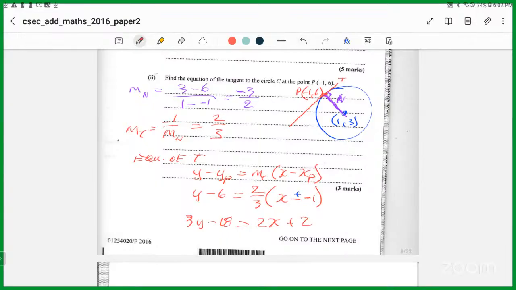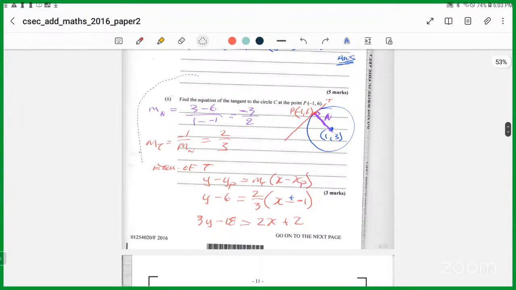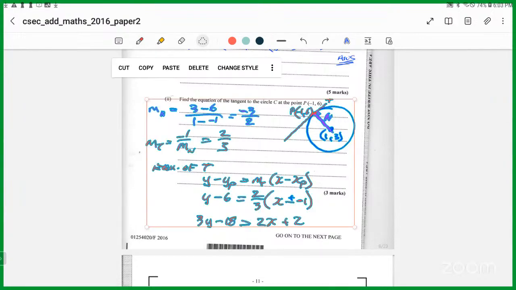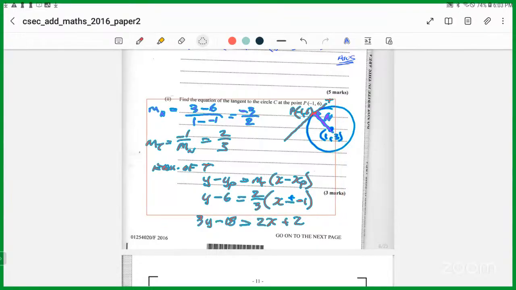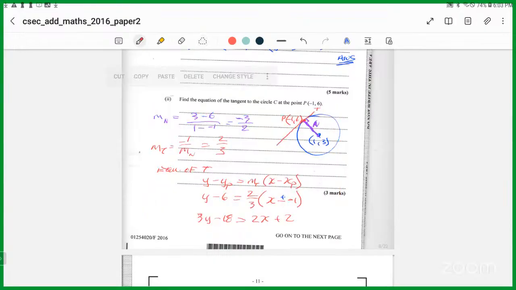And if we transpose this over here, we get 20. And we can make this a little smaller. So we can just put it on the last line. Let's make it smaller like that. Shift it down a bit. So this becomes 3y equals 2x plus 20. That's my answer there.